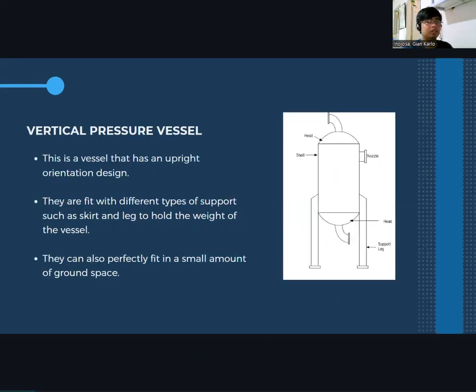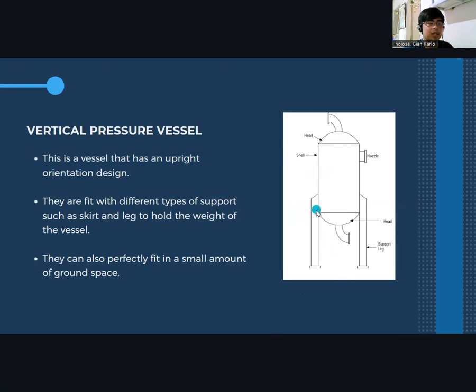For the vertical pressure vessel, this is a vessel that has an upright orientation design. They are fitted with different types of support, such as skirt and leg, to hold the weight of the vessel. Since this vessel is vertical, it needs support.